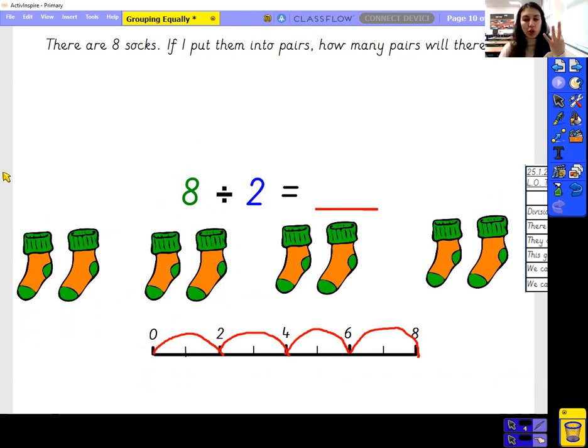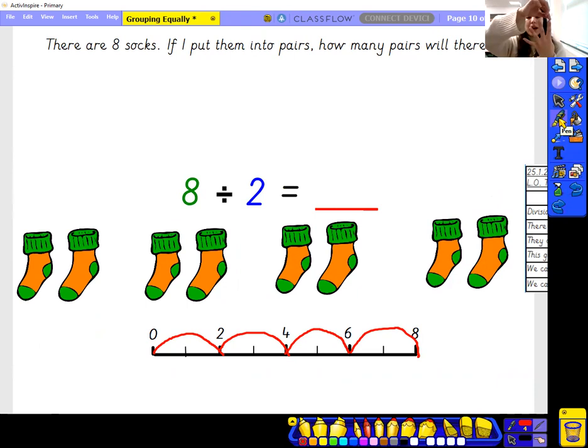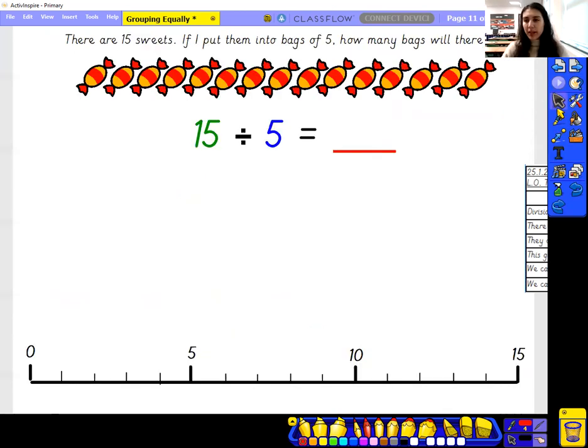So 2, 4, 6, 8. That means I've counted in my 2s 4 times. So 8 divided into groups of 2 gives me 4 groups. Let's try that again with the sweets example.